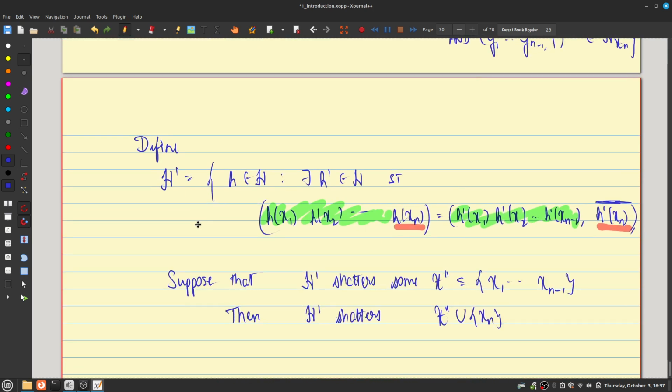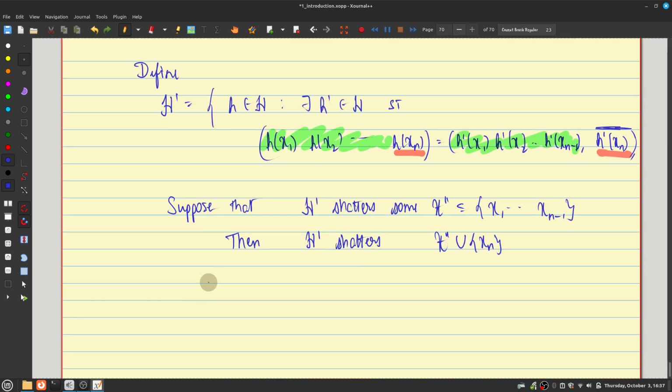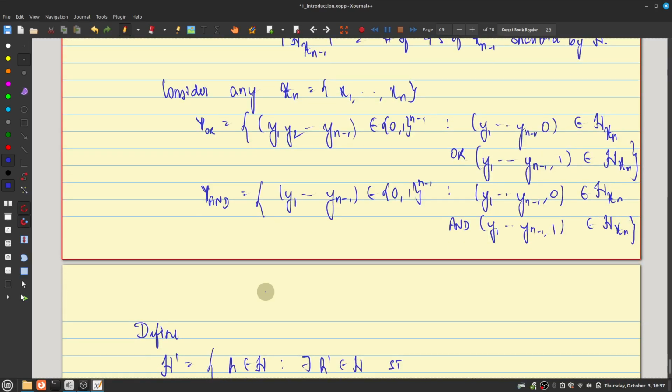Recall that this is the set of all possible functions on n minus 1 elements, or in other words, you can think of this as a set of restrictions onto n minus 1 elements such that when appended with 0 and 1, they still belong to hxn.